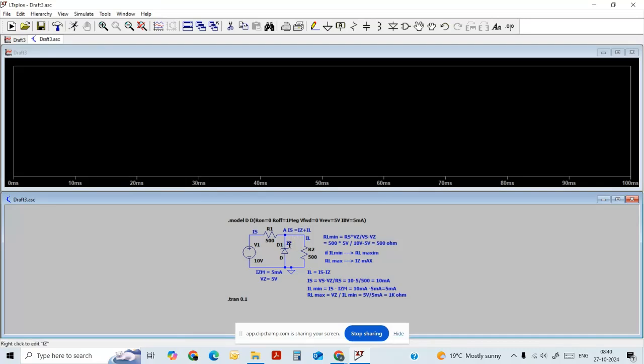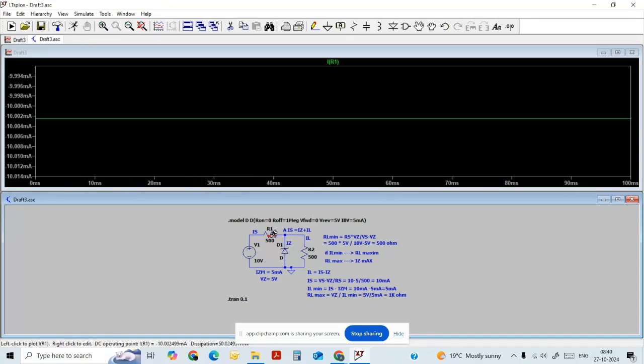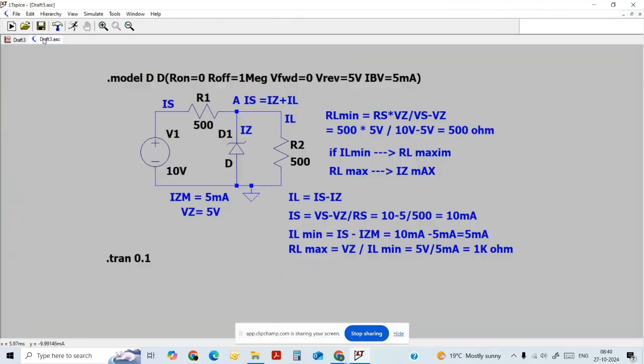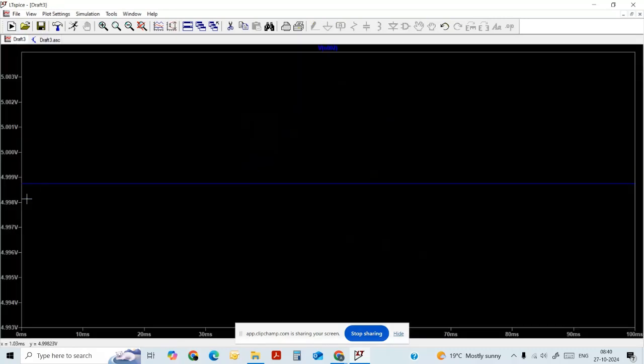Initially I am going to check the current across the series resistance, which is equal to 10 milliamps, and the voltage across the load, which is equal to 5 volt, 4.999 volt.